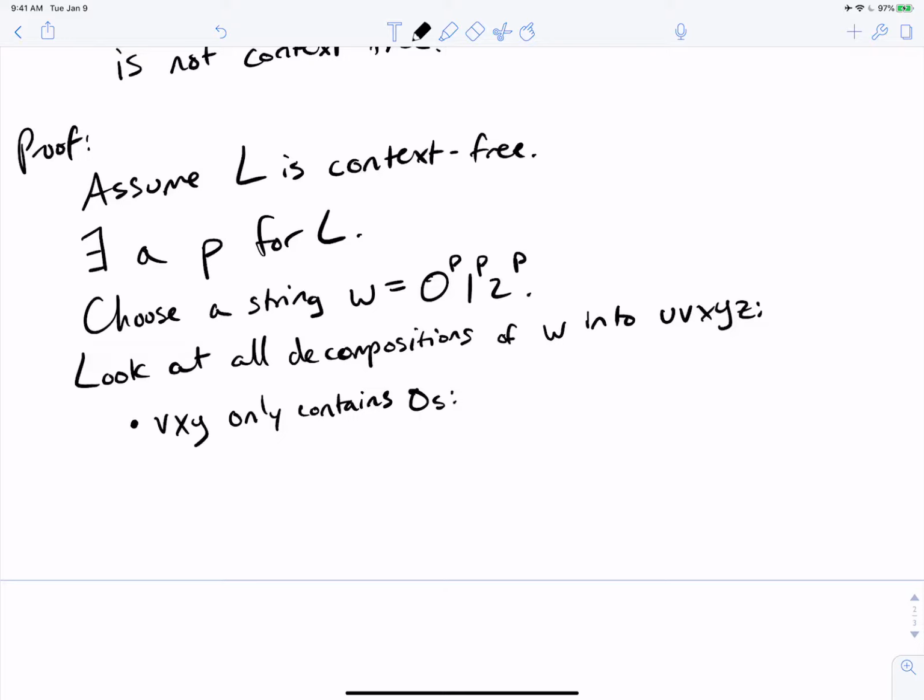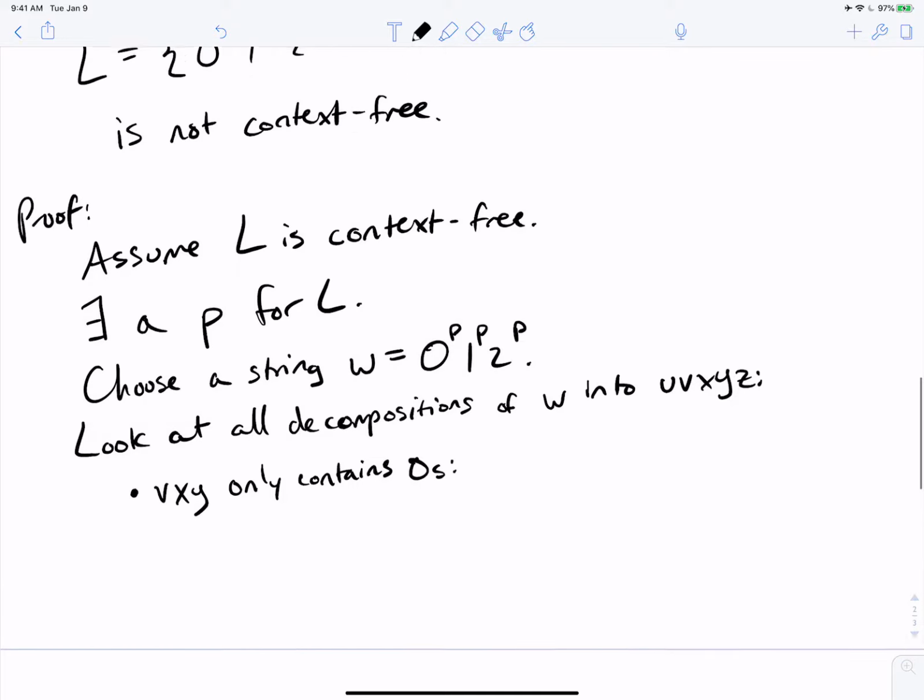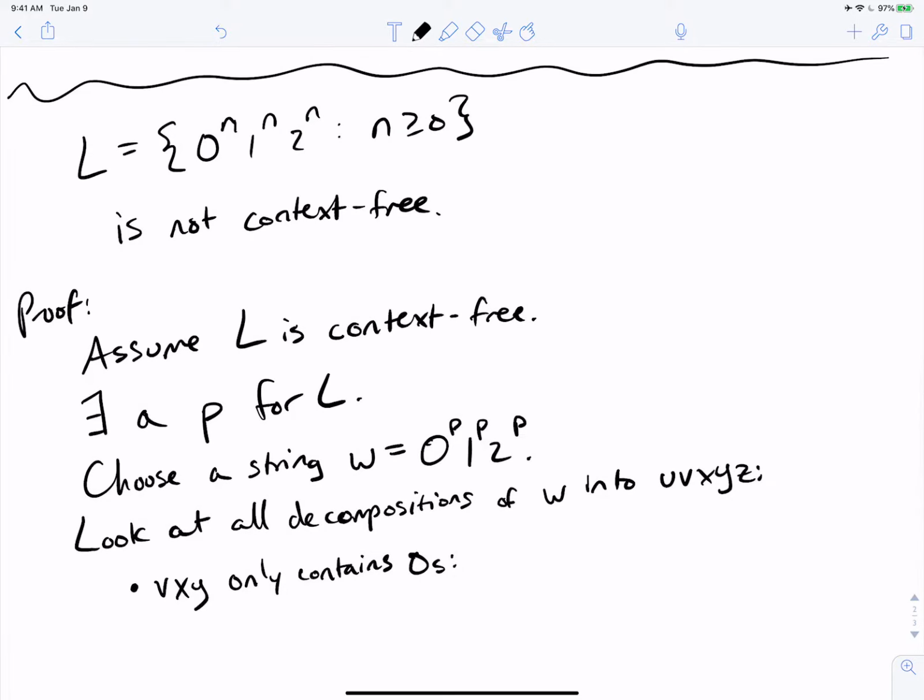What has to happen with this string in this language? Well, we have exactly P zeros at the front, so one of V or Y, I don't know which, is non-empty. So if I put another copy of them in, I'm going to get more zeros out of it. So the number of zeros went up. But what happened to the number of ones and twos?